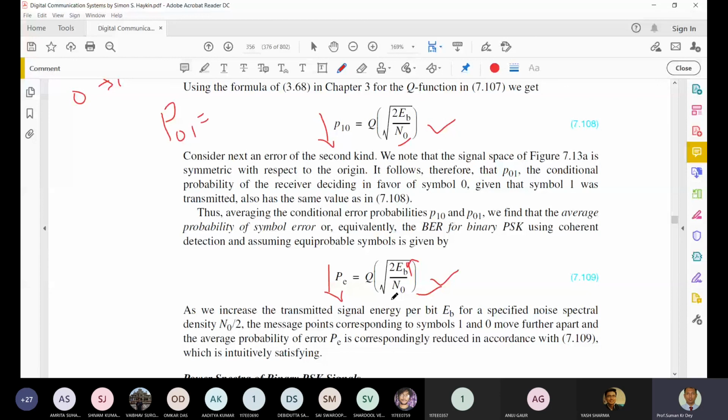Signal power by the noise power. When we increase the signal power keeping the noise power constant, the SNR value will improve. Yes or no? Yes. So that means the probability of error will reduce.